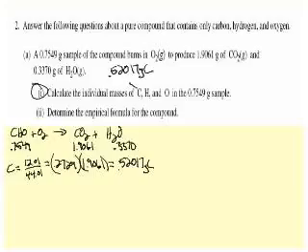Hydrogen, doing the same thing for water: 2.02 over 18.02 equals 0.1121, times 0.3370.